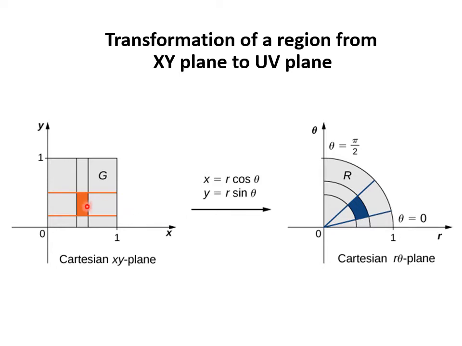The elementary area dx dy in the xy plane and the elementary area dr d theta in polar coordinates are not the same. So dx dy is equal to the Jacobian times dr d theta. This J is the scaling factor which adjusts the elementary area between the two coordinate systems.